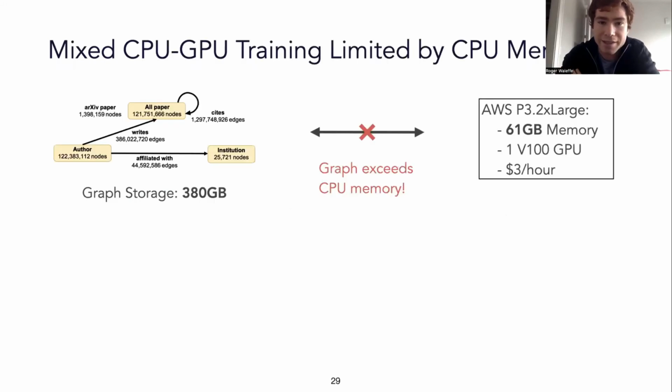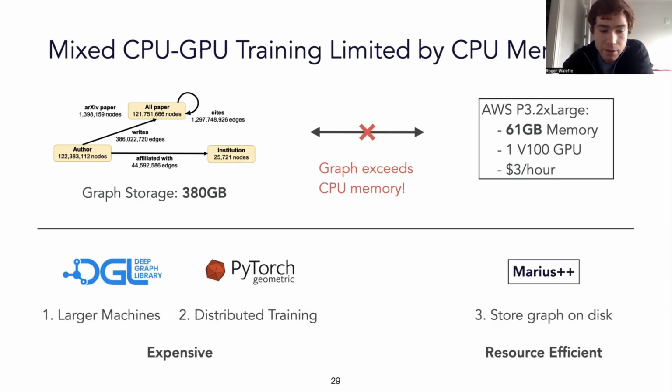But before we get into these details, let's first just remember why we wanted disk-based training in Marius++. Well, while the mixed CPU-GPU training that we discussed in the first part of this talk is great for graphs which fit in CPU memory, we also know that large graphs may exceed the CPU memory of single cheap machines that we want to use for training in Marius++.